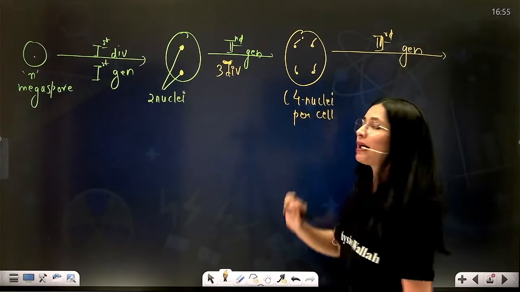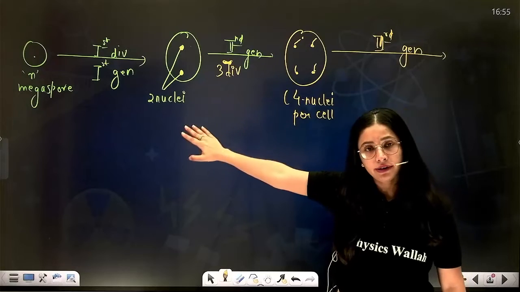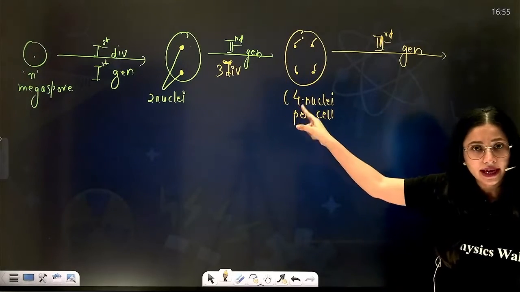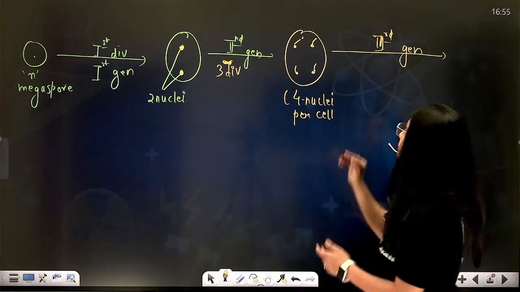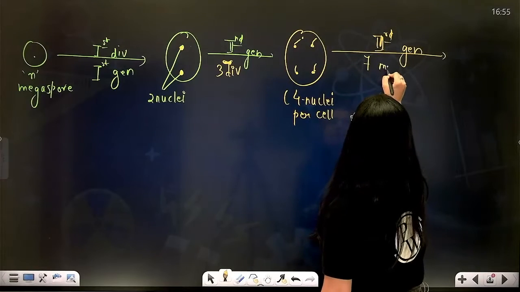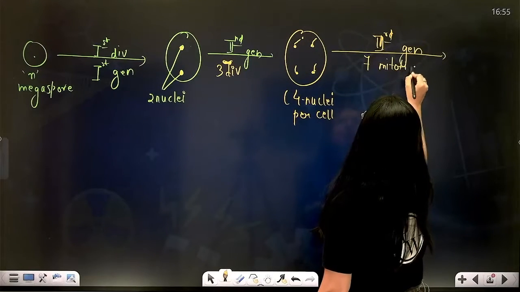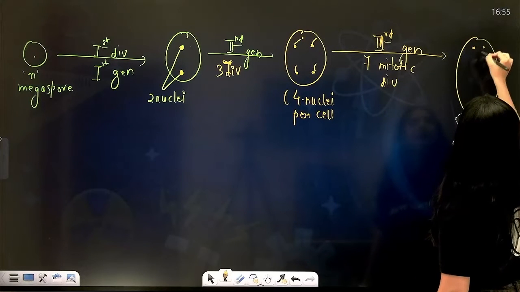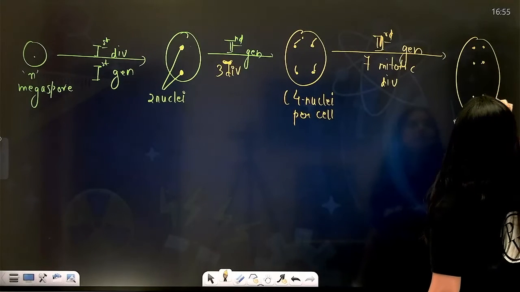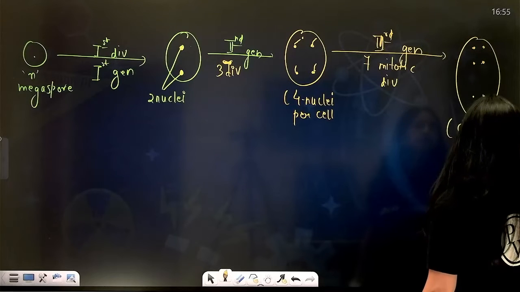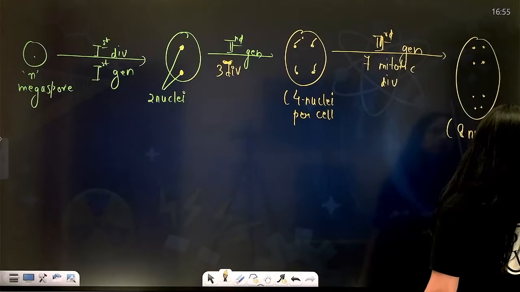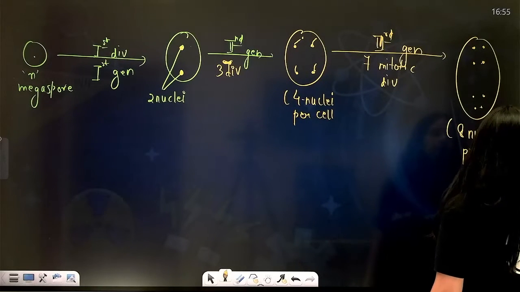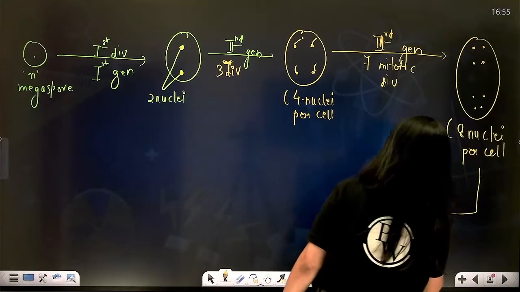And how many mitotic divisions? 3 already took place, 4 more to take place. So total 7 mitotic divisions. What will be the condition finally? 8 nuclei per cell. Now all these 8 nuclei will arrange.